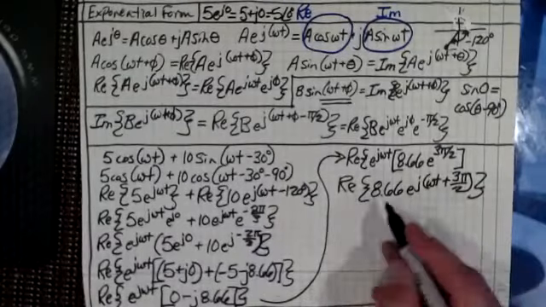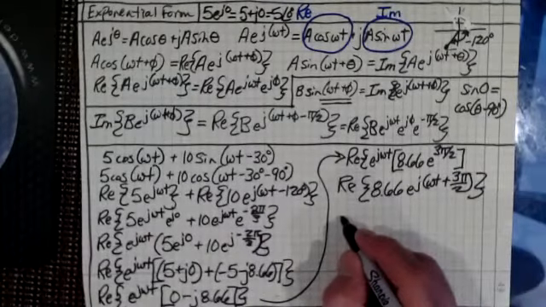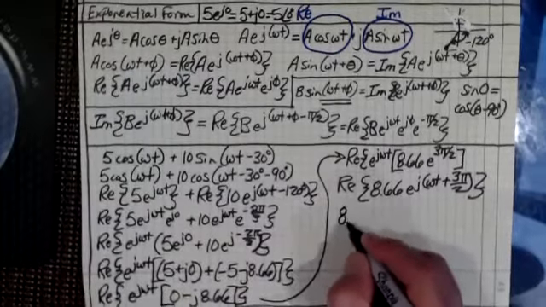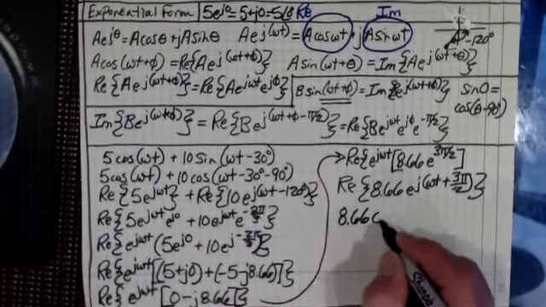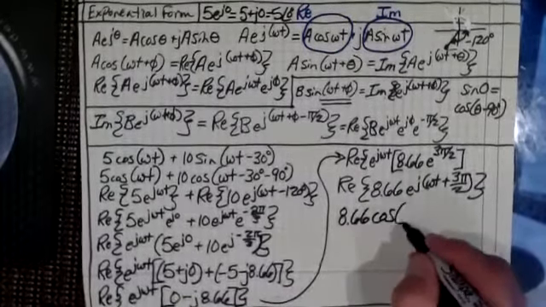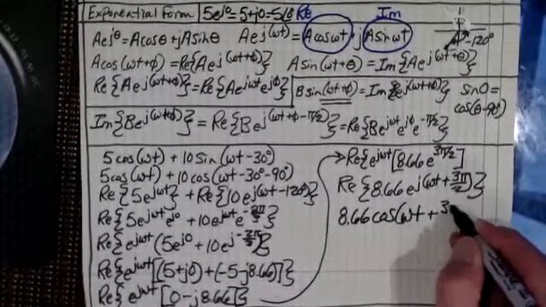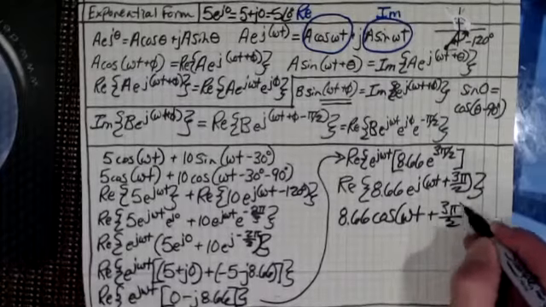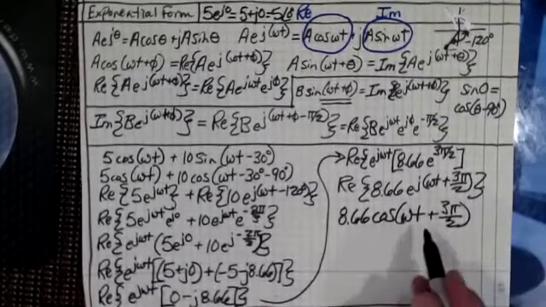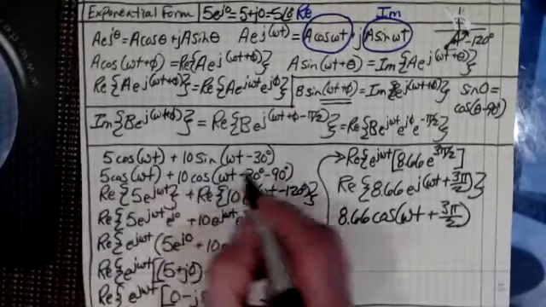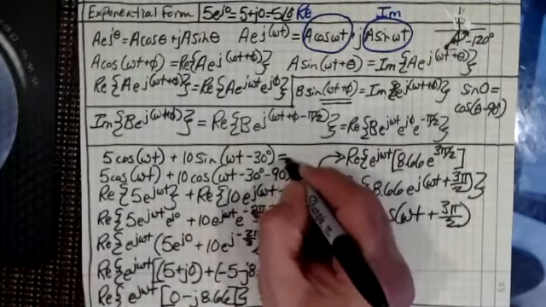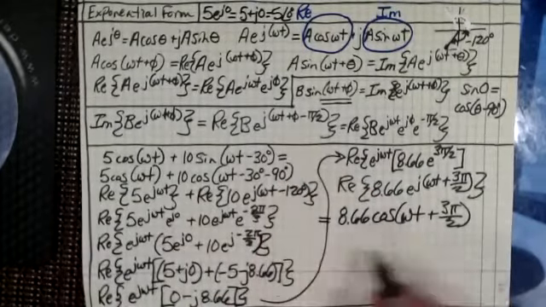And it's the real part, so we know that it's 8.66 times the cosine of (ωt + 3π/2). That would be what the addition of these two waveforms would equal. Does everyone see how that works out?